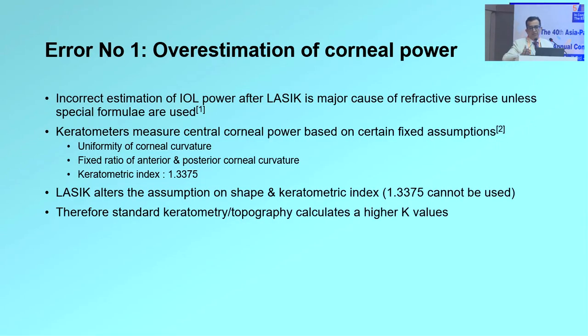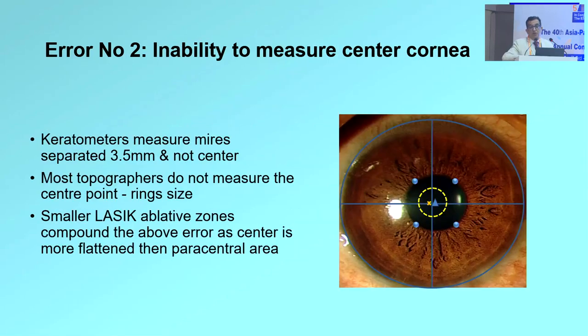The usual reason is overestimation of corneal power. That is the first mistake that usually happens if we don't use the IOL corrected formula, because of issues related to the anterior and posterior curvature of the cornea, which get altered after laser vision correction. Most keratometers and topographers do not measure the center of the cornea.